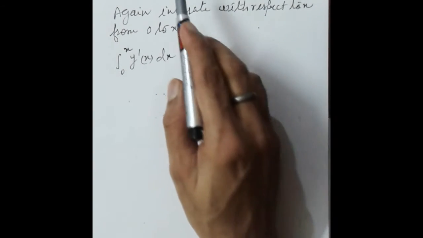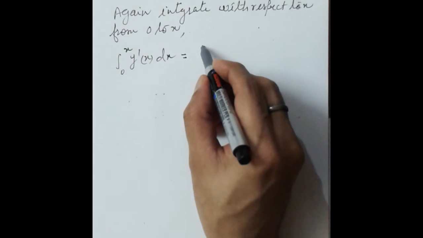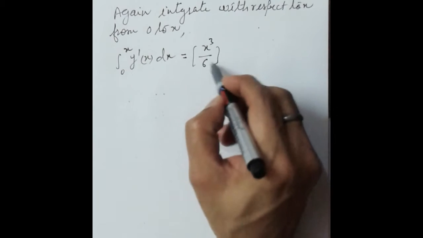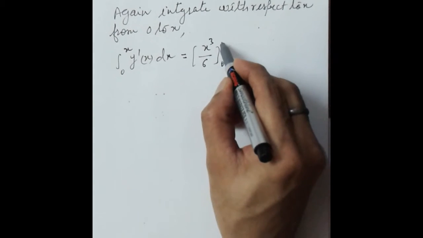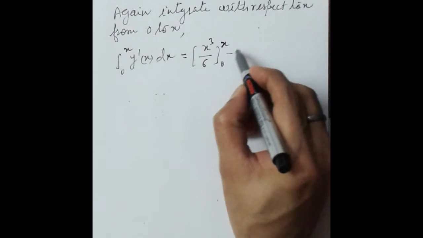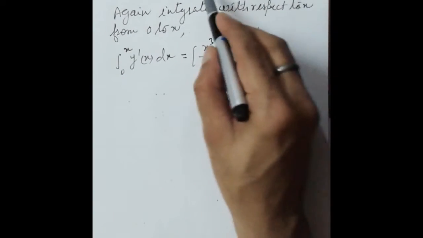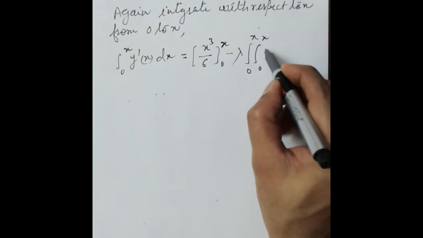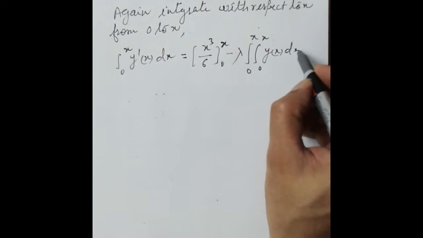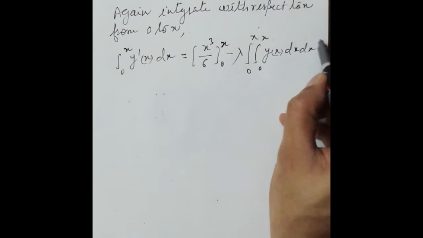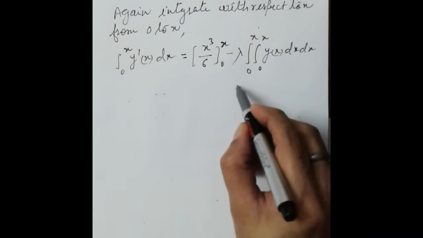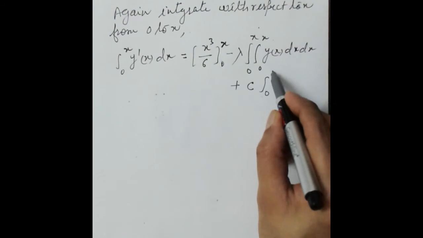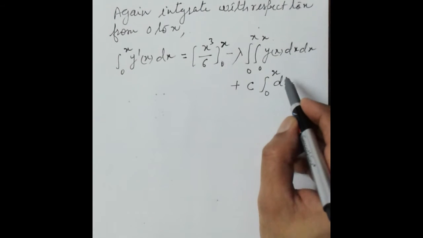This is equal to x cube by 6 limit from 0 to x minus lambda, here the double integral from 0 to x y(x) with respect to x, plus c, the integral from 0 to x dx.